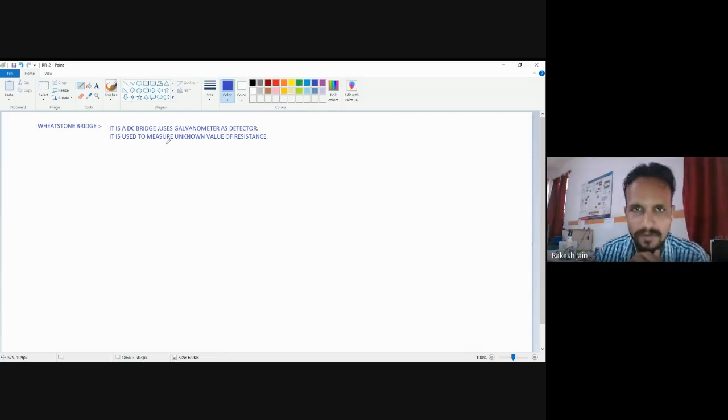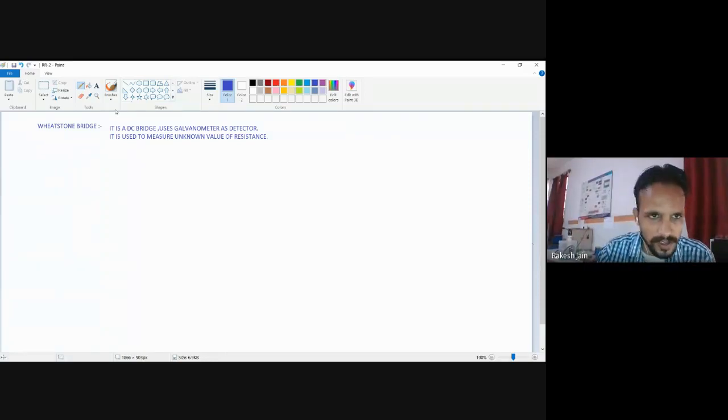We don't know the value previously. Among those three arms whose values we already know, one arm consists of a variable resistance, so we can change the resistance by sliding it.